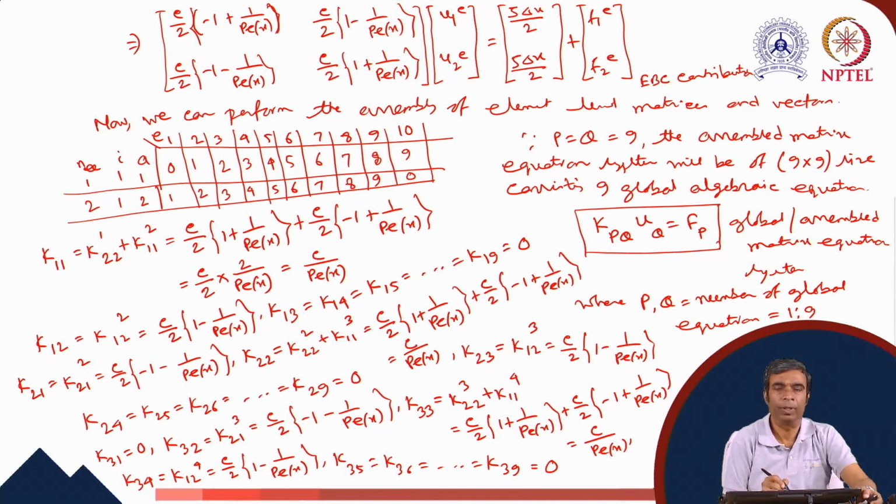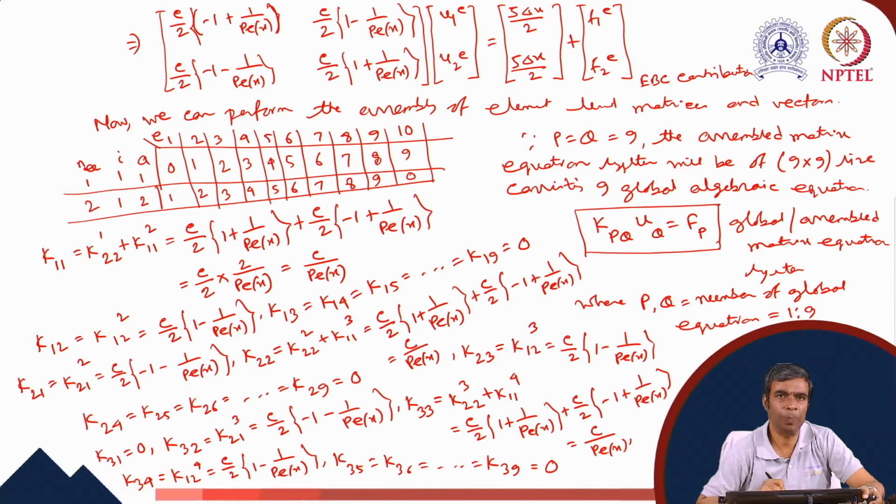Now we have the assembled coefficient matrix for the first 3 rows. From this pattern, we see that in every row there are only 3 non-zero terms and the remaining terms are 0. These non-zero terms are one diagonal term, one super diagonal term and one subdiagonal term. By observing this pattern, we can predict that we are going to get a tridiagonal matrix equation system.